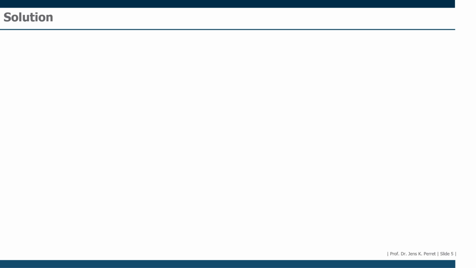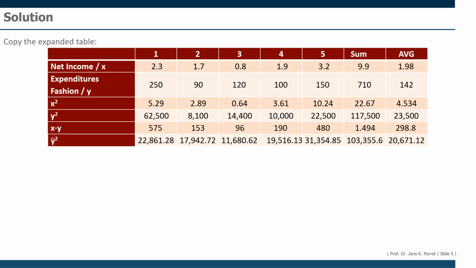So I'm going to copy the table from before, because all the information we need for the coefficient of determination already is in this expanded table, because that's our formula here for the coefficient of determination. This is just the value for which we included this last row. So that's y hat squared, the average thereof, 20,671.